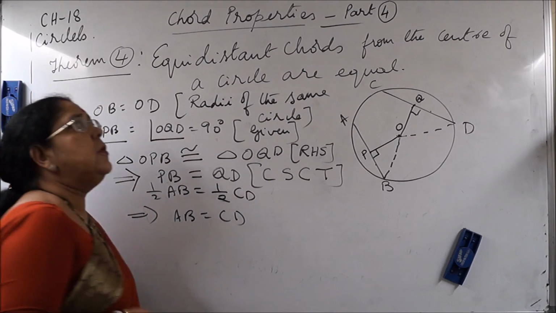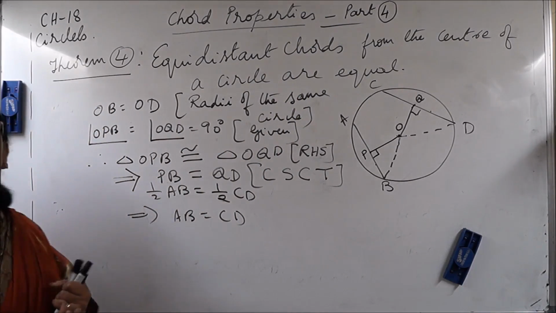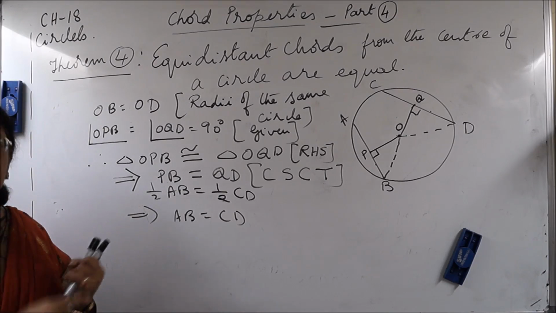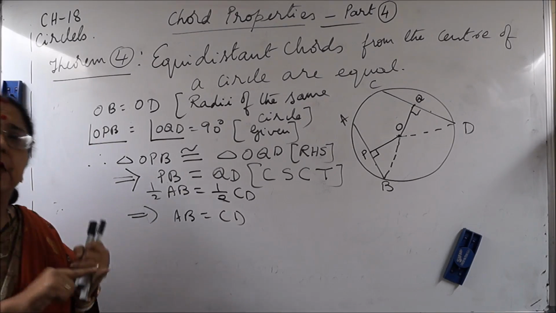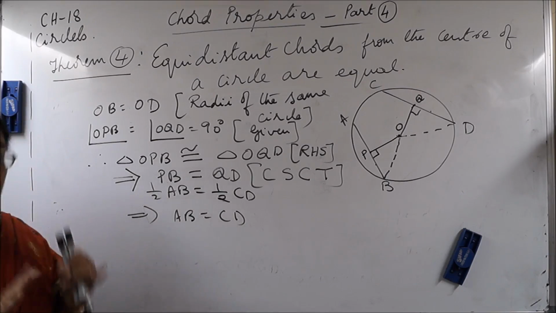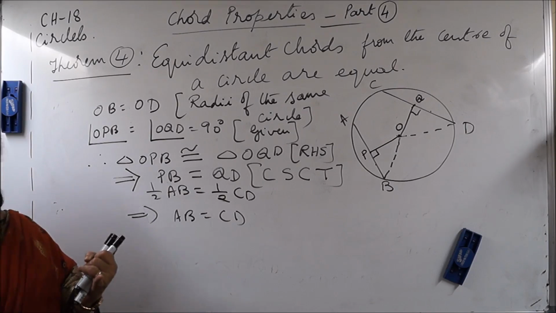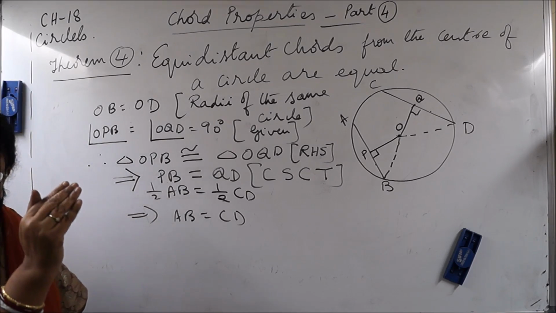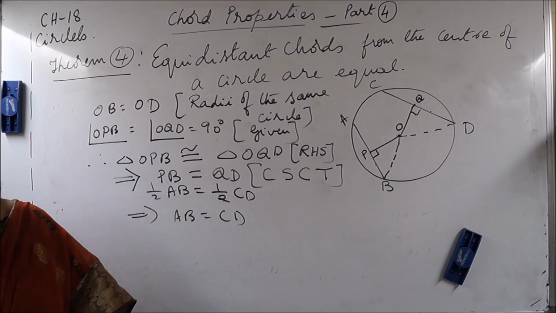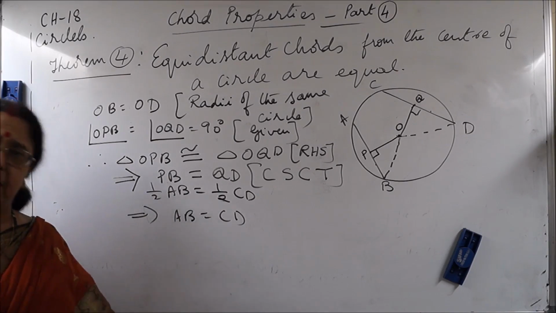We have learned that the line joining the center of the circle to the midpoint of a chord is perpendicular to the chord, or this can be stated as: the line drawn from the center of a circle bisecting a chord is perpendicular to it.